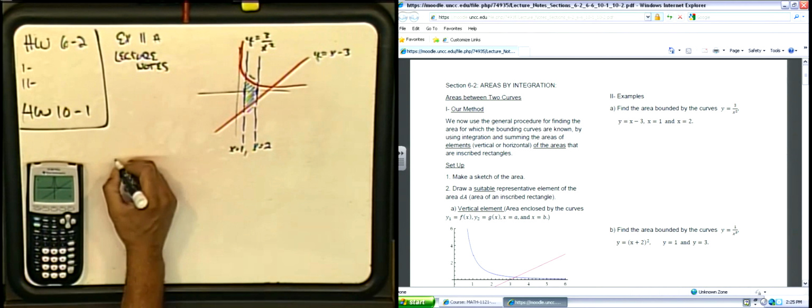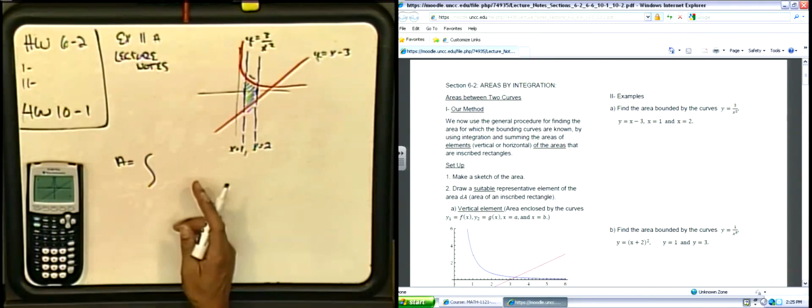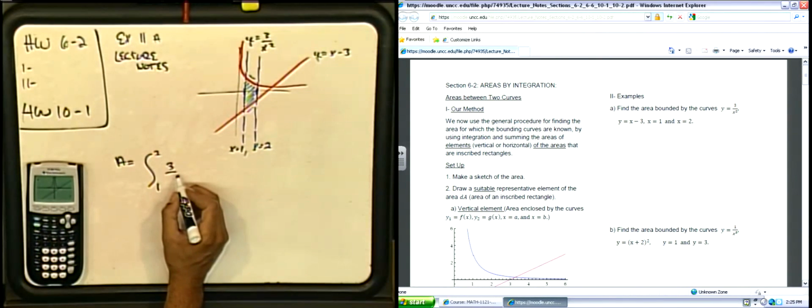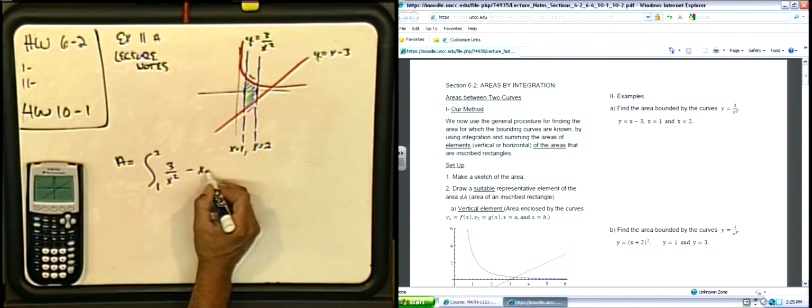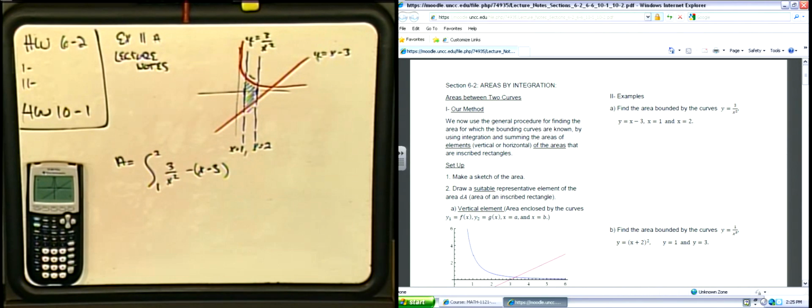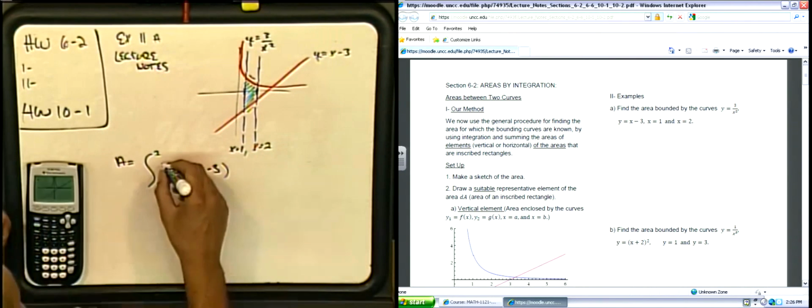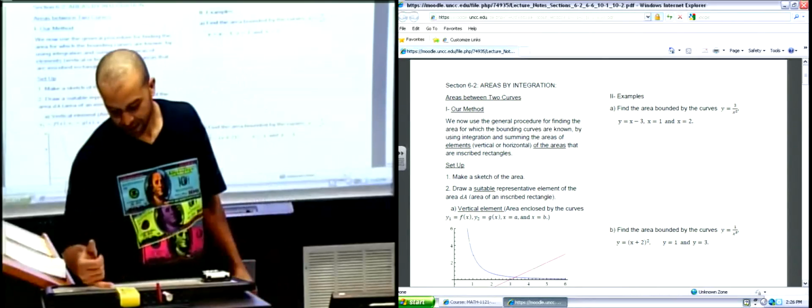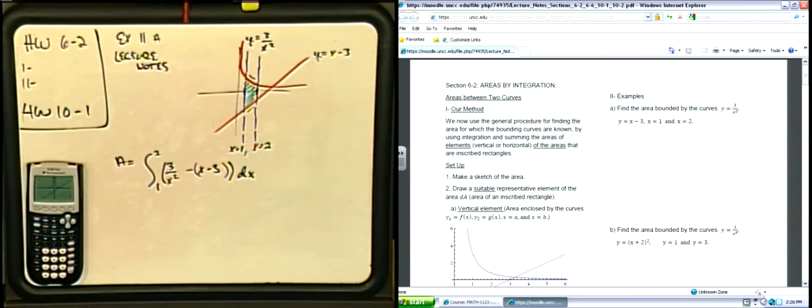So area equals the integral from the lower limit to the upper limit of the upper function minus the lower function, dx, with respect to x, which is the change in x across the x-axis. Okay, we're going to solve this.